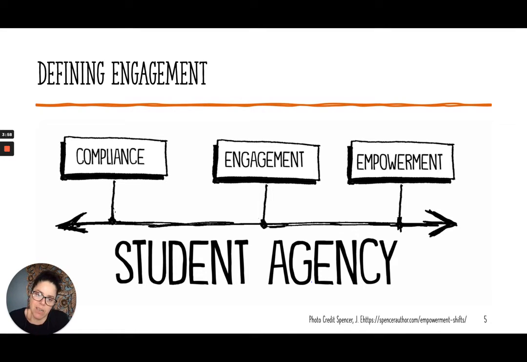But let's think more about how we want to engage an entire community of learners and have that community drive the learning. That's where we get into student agency as part of empowerment, and empowerment helps drive and define the responsibilities of engagement for both teachers and learners.